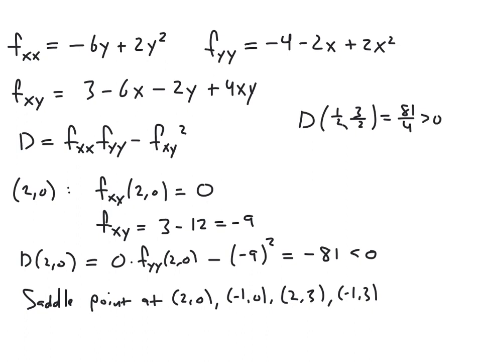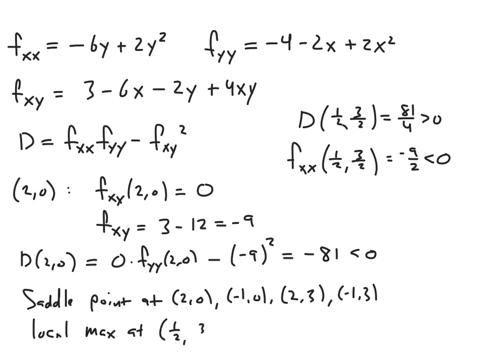Then we have to go back to f sub xx and determine if this is positive or negative, since we know we do have a local extreme value here. When you plug these into f sub xx, you will end up with the number negative 9/2, and that is a negative number. What that tells us is that we have a local max value at the point (1/2, 3/2).